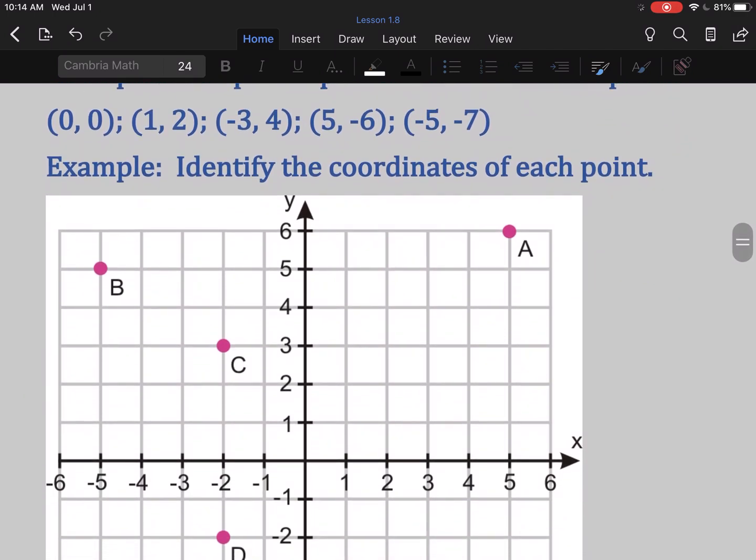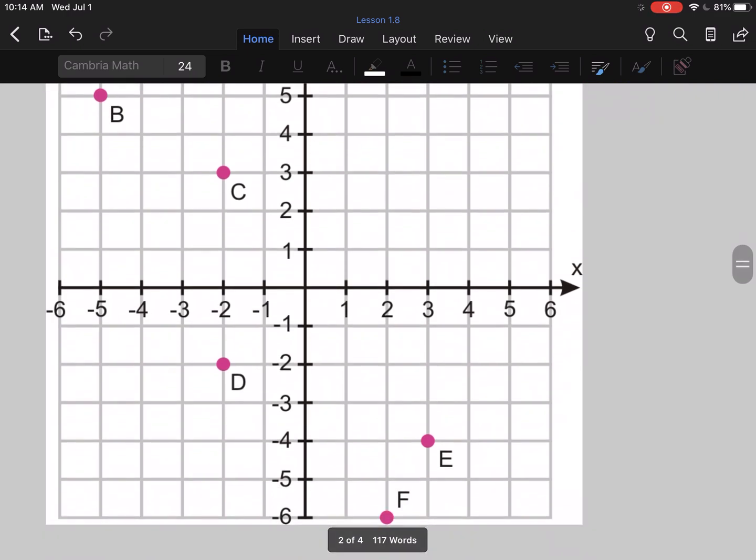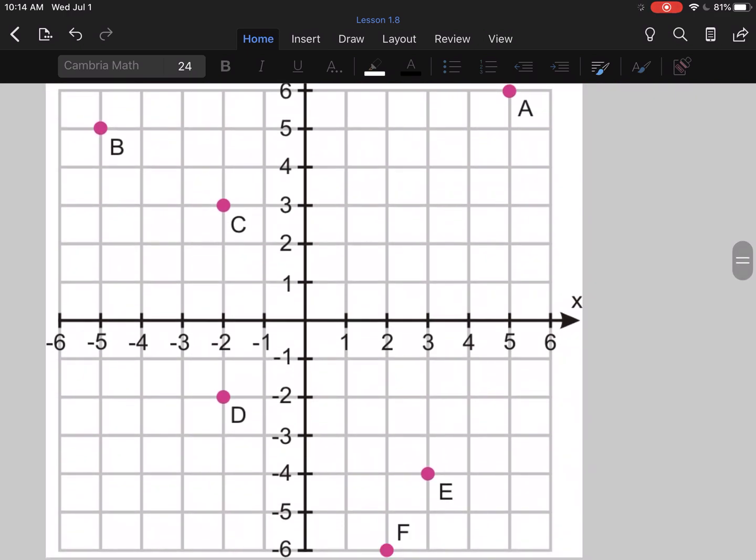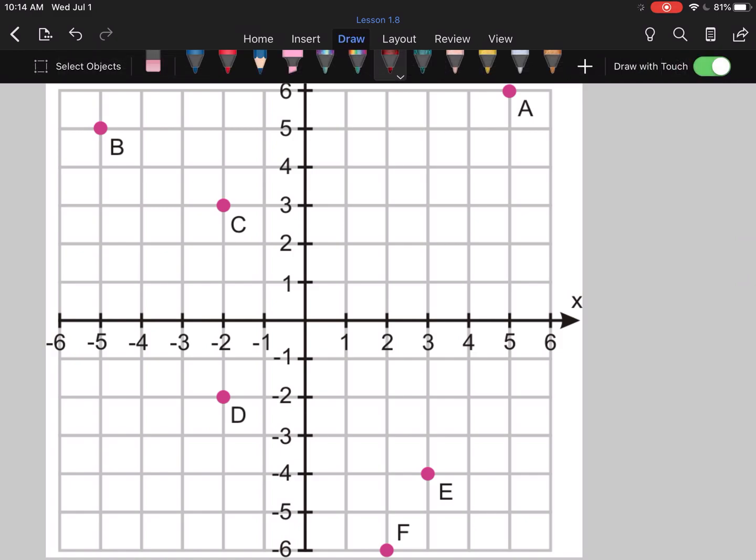Identifying the coordinates, basically I'm saying tell me the address, tell me where each of these lives. So there's 6 points here, A, B, C, D, E, and F. And we are going to say where they all live.